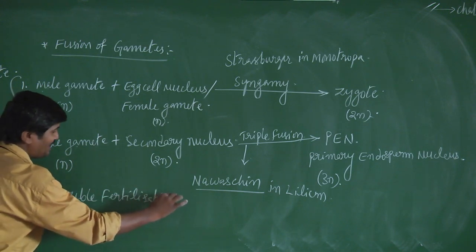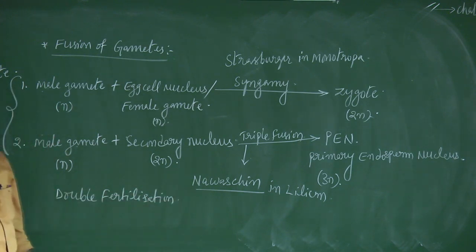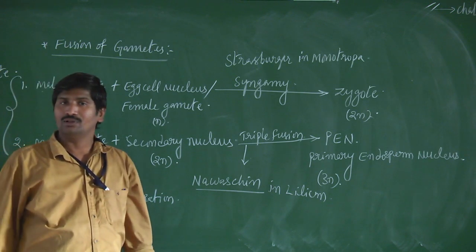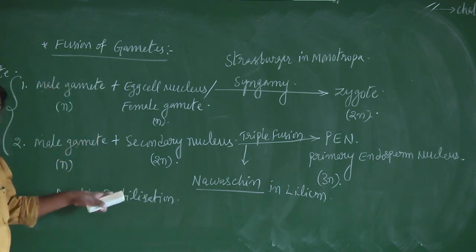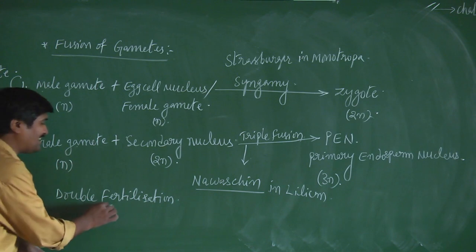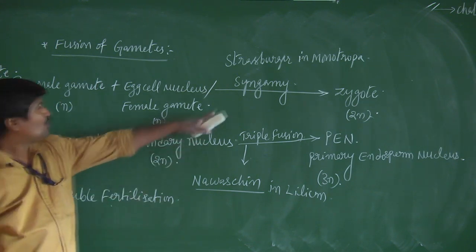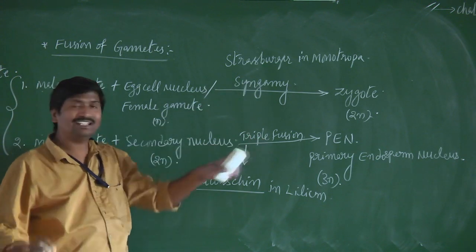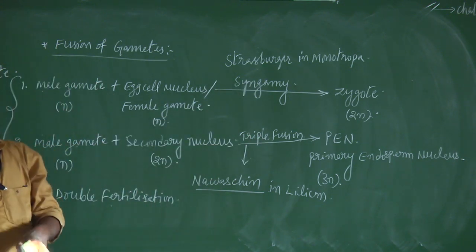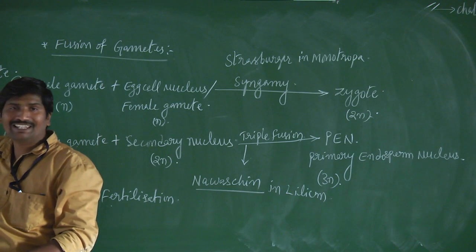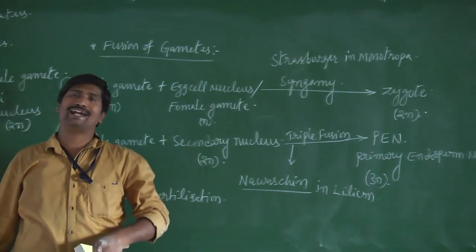It is very important. It is a unique character of angiosperms. In angiosperms only, double fertilization takes place. In total, two fertilizations take place. One is syngamy, another one is triple fusion. At a time, the two fusions take place in the structure of the embryo sac.